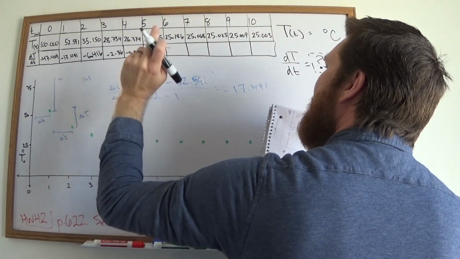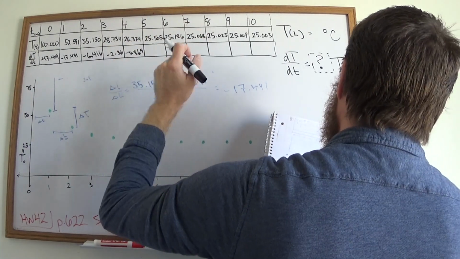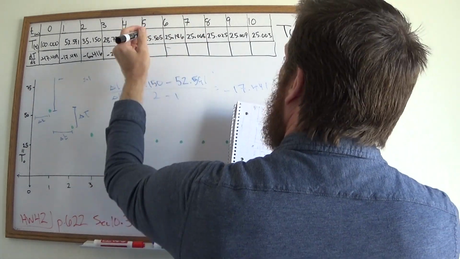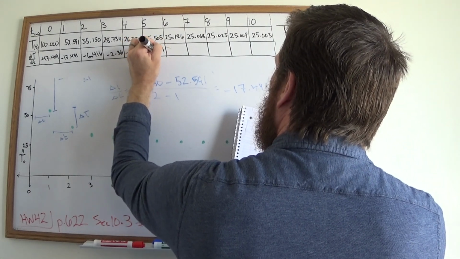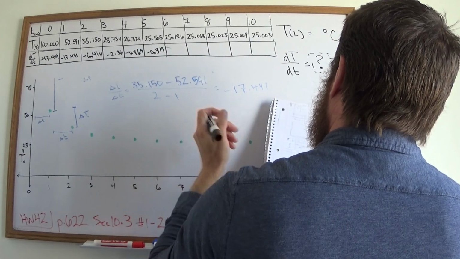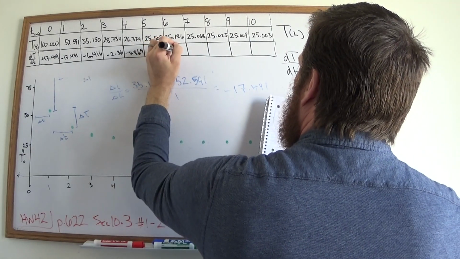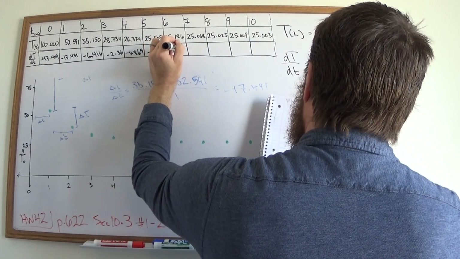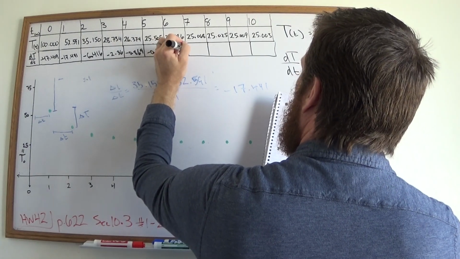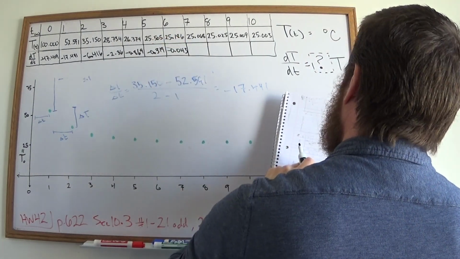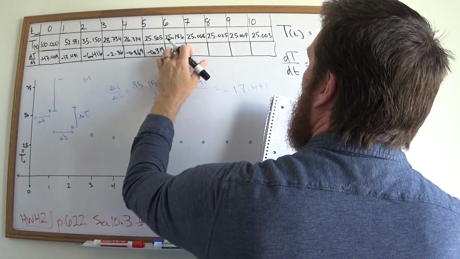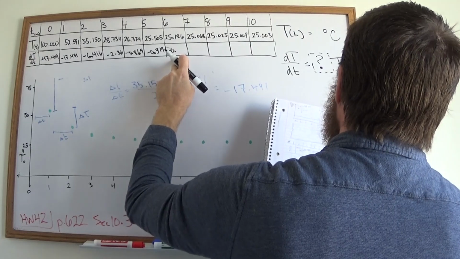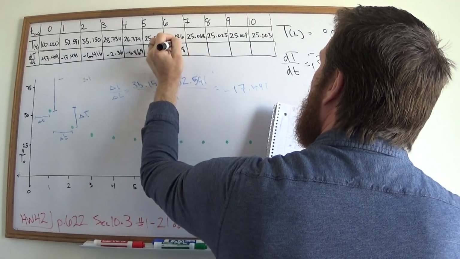Negative 0.869. The one at 5 is negative 0.319. Then negative 0.043. The one, oh no, I'm sorry. Negative 0.118.